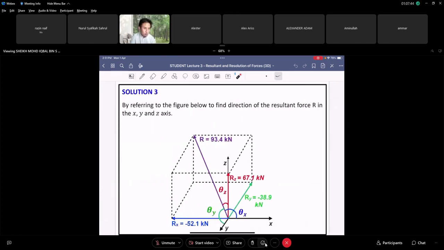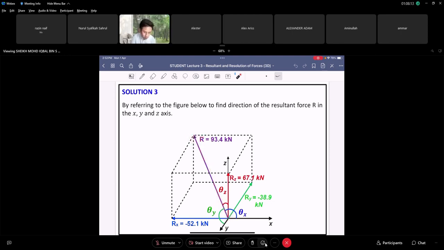So you have to draw your resultant force. You get your Rx, you get your Ry, you calculate your Rz. So then you need to make kind of like a cube in 3 dimensions, and then your resultant force will be from the intersection point of Rx, Ry, and Rz. It goes all the way to the end section of that 3 dimensional cuboid, right?